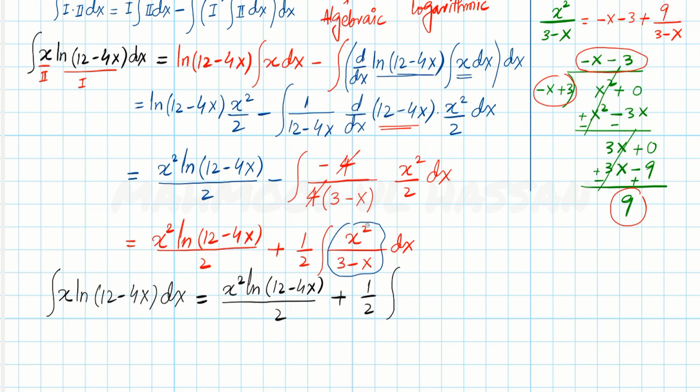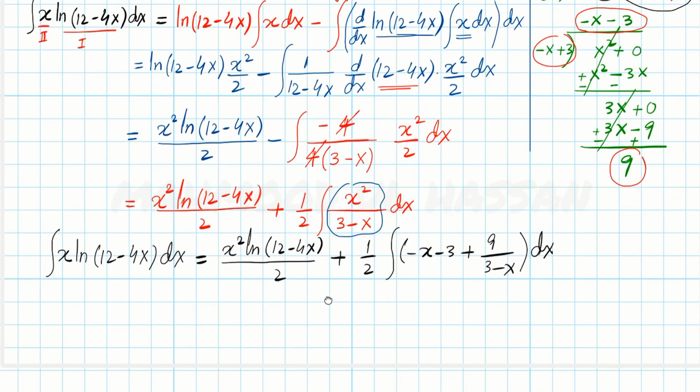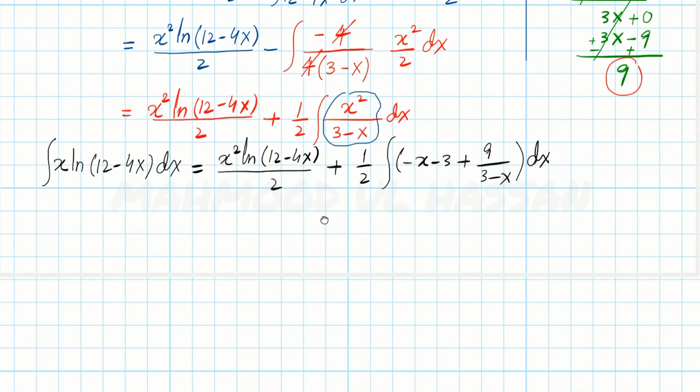So this improper fraction can be written as minus x minus 3 plus 9 upon 3 minus x. So it would become minus x minus 3 plus 9 upon 3 minus x dx. Is it okay? Now we have to integrate the last term.